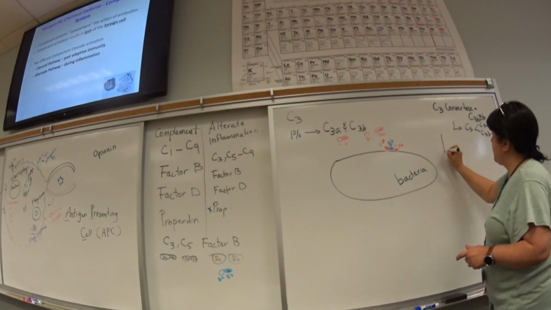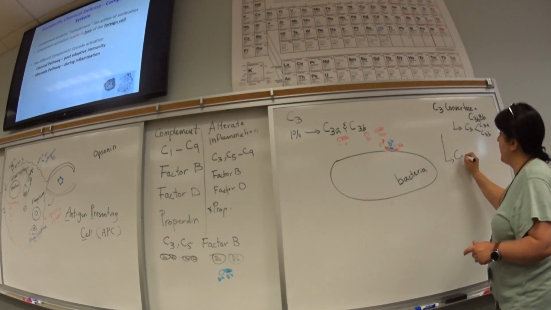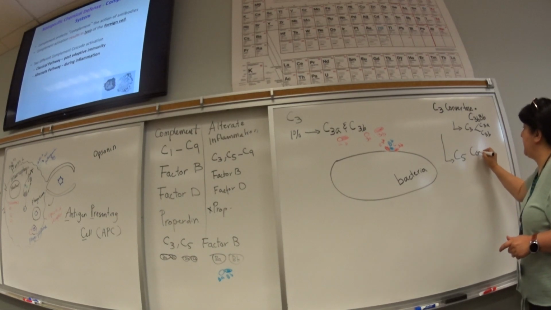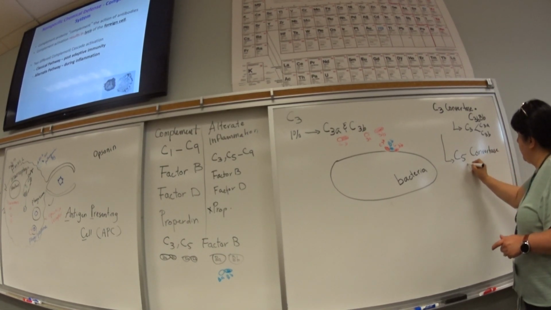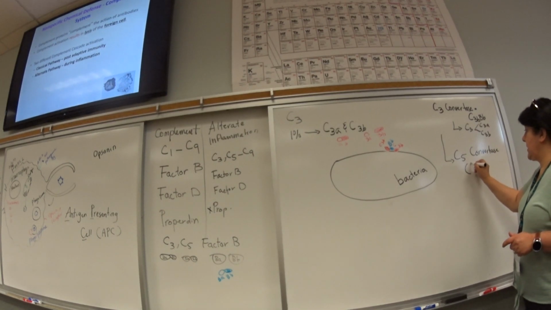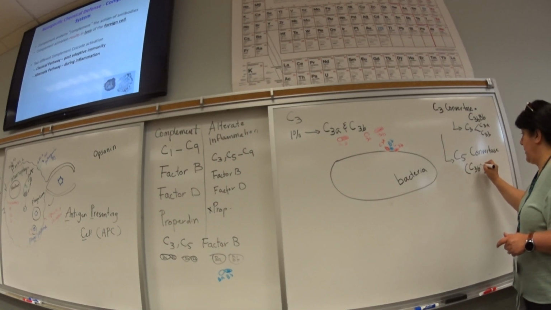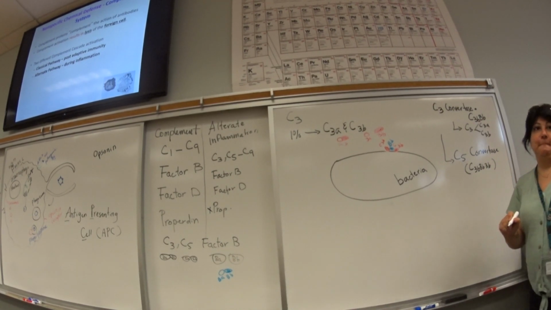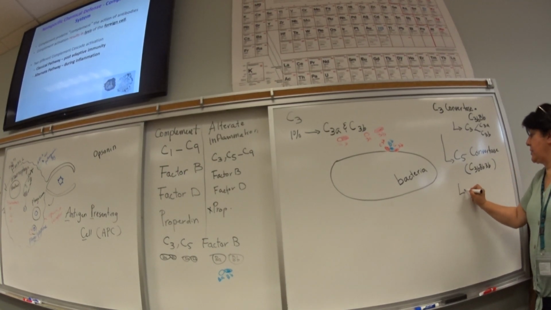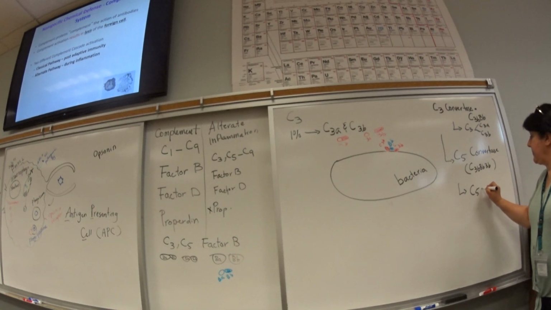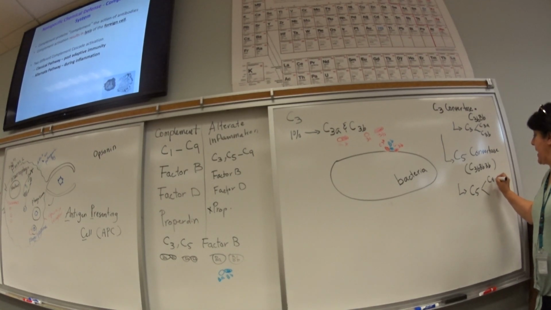With that attachment, this becomes what we call C5 convertase. The formula for C5 convertase is C3b, BB, 3b. The job of this one is to split C5 into 5A and 5B.